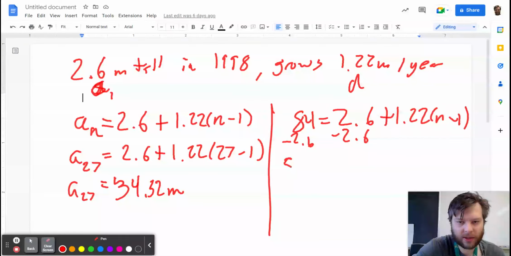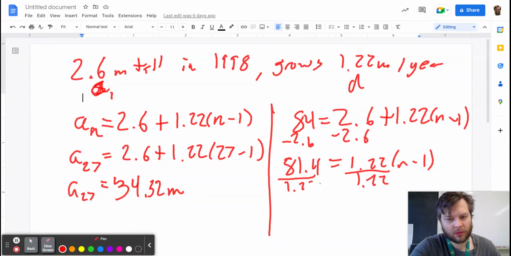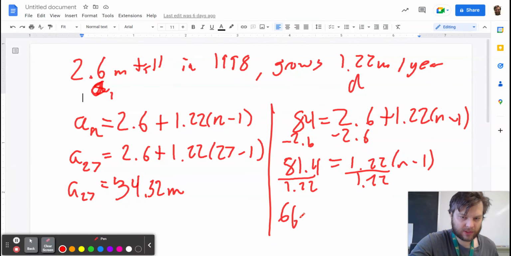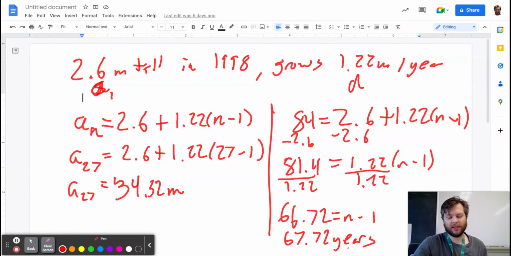So we have 81.4. Let's divide by 1.22. Let's see, 81.4 divided by 1.22. 66.72. N minus 1, add 1 to that. 67.72 years. That's how long it would take.